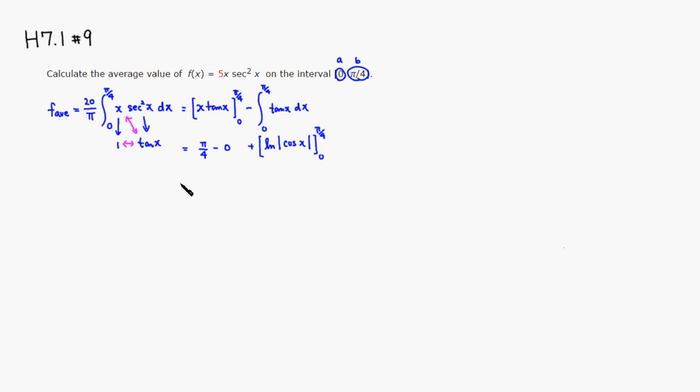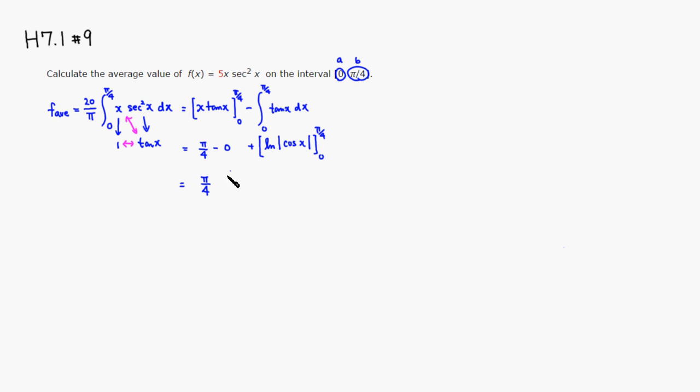So then clean it up. You have a pi over 4 there. Plug in pi over 4: cosine of pi over 4 is 1 over square root of 2.